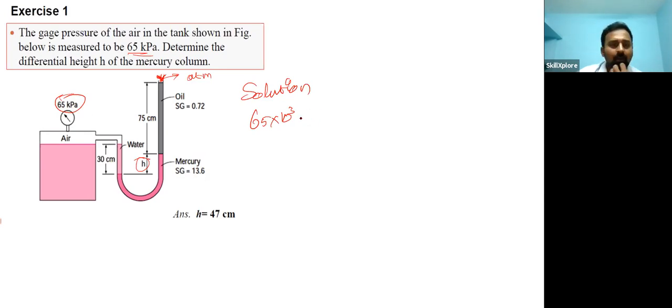Next, what is the next thing given here? Here I have seen a head of water in the tube of 30 centimeter height. This is due to pressure. If there is no air or any particles present here, then due to the atmospheric pressure, this water will get into the tank.